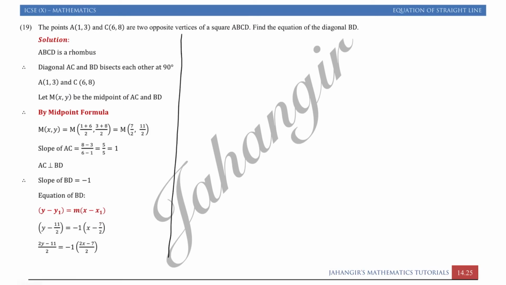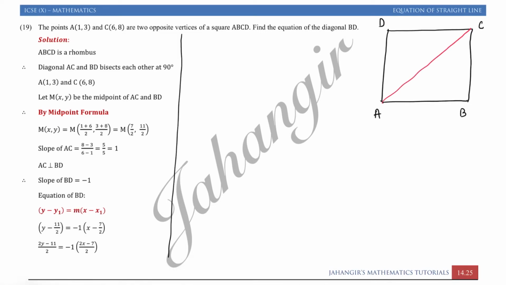The points A and C are the opposite vertices of square ABCD. In a square, diagonals bisect each other at 90 degrees. This is the property. Midpoint of AC is equal to midpoint of BD.